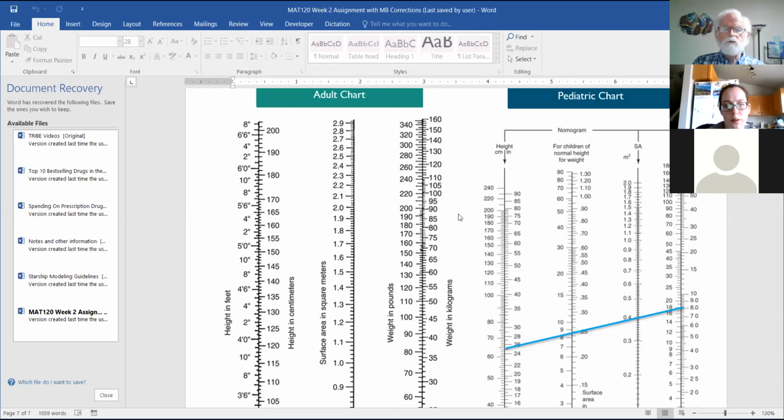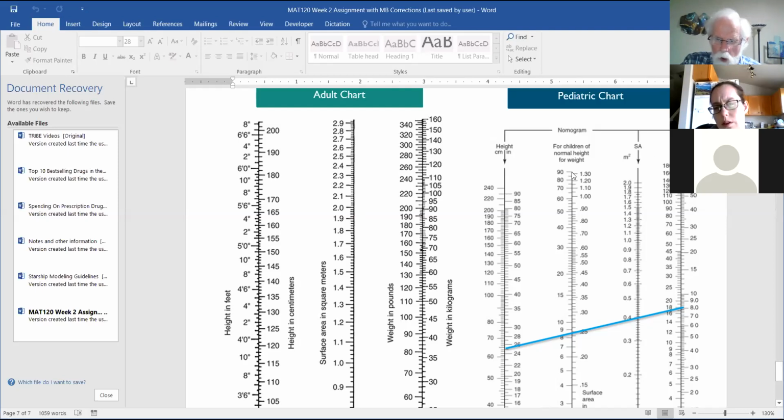So if you have a child who is not of normal height for weight, we use this first body surface area, the one here on the right.